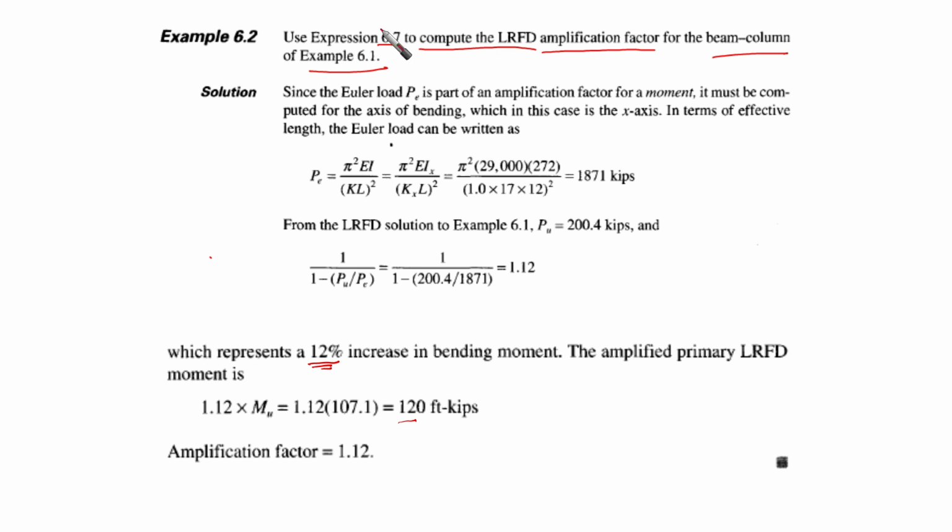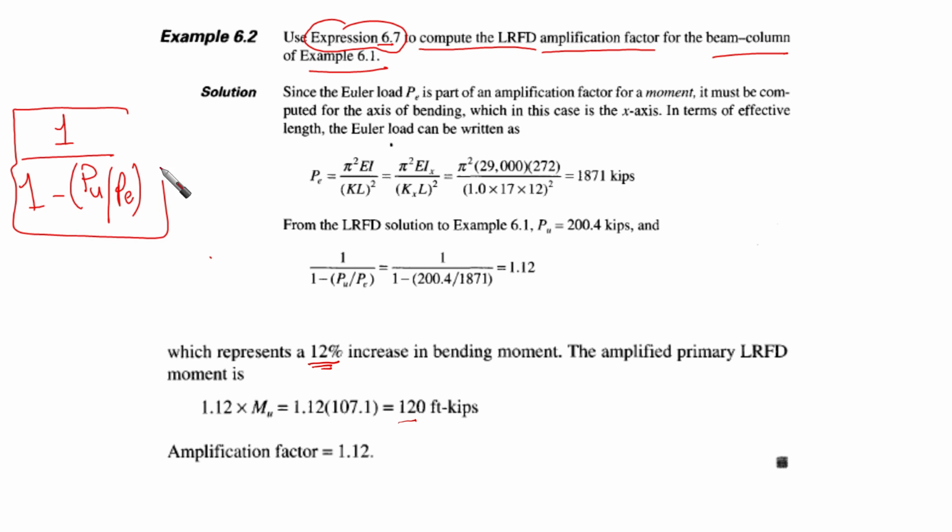The expression 6.7 is related to the amplification factor, which is 1 over 1 minus P ultimate over P Euler. This is the amplification factor.